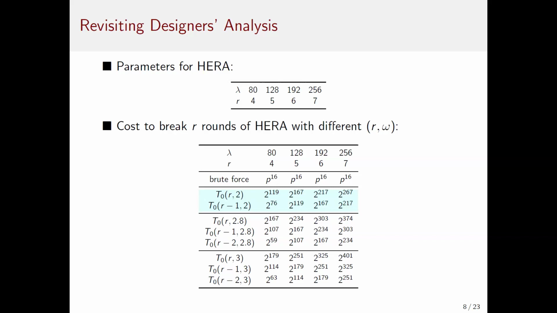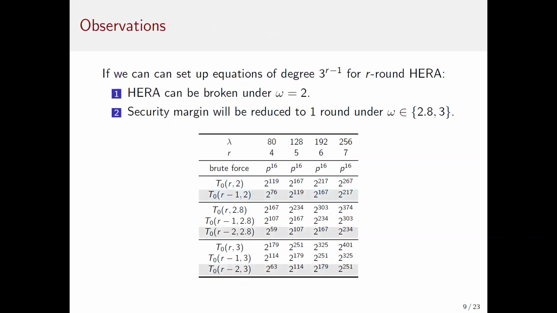So in the conservative setting, we have 2 rounds for the security margin, but if we use omega equal to 2, we only have 1 round. So what does this mean? This means if we can have equations of degree 3 to the R minus 1 for R-round Hila, we can break Hila under the same assumption made by the designers, that is omega equal to 2, because this is how they chose the secure number of rounds.